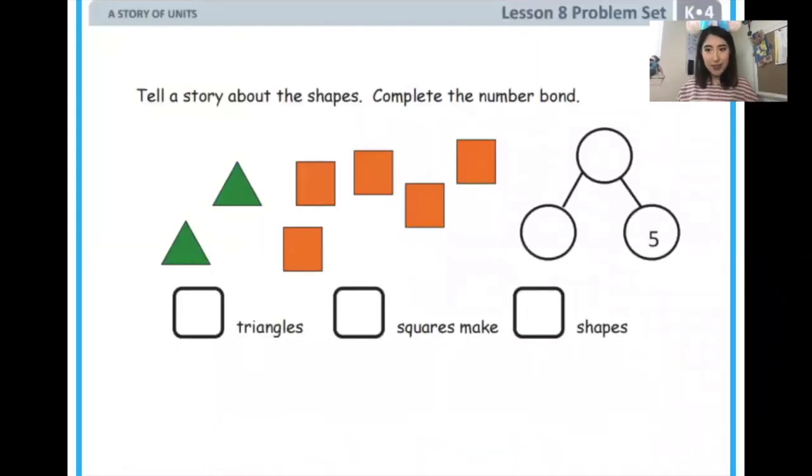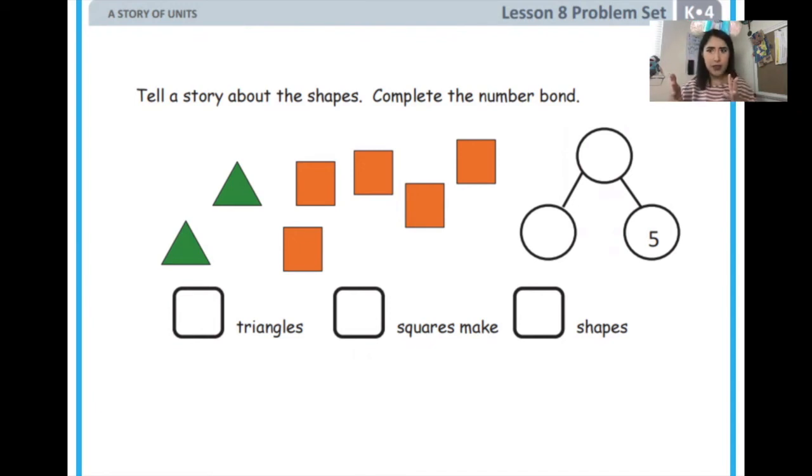Ready to talk about those? I'm ready to. Okay, so tell a story about the shapes. So how many triangles do we see? 2. And how many squares? 5. And we already have the 5 as one of our parts, so they gave it to us. But how many does 5 and 2 make? We just talked about that right now.